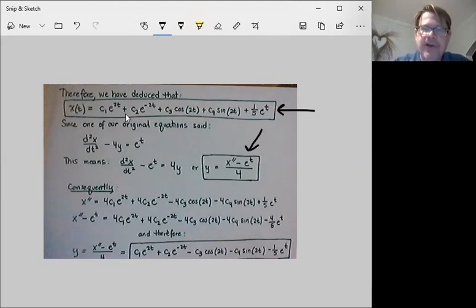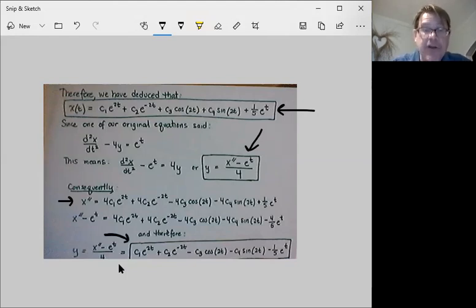So we take our function x of t, and I've differentiated it twice. That produces some extra constant multipliers. And then after we take that second derivative of x, we subtract e to the t, and then we divide by 4. And when all is said and done, we're going to find out that the function y ends up being c1 times e to the 2t plus c2 times e to the minus 2t.